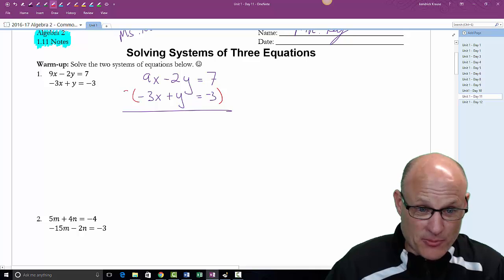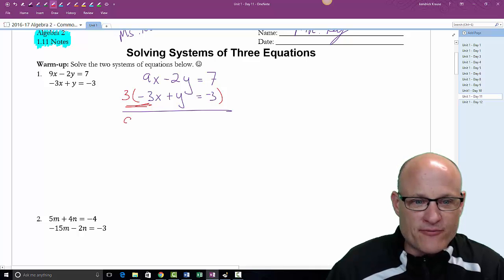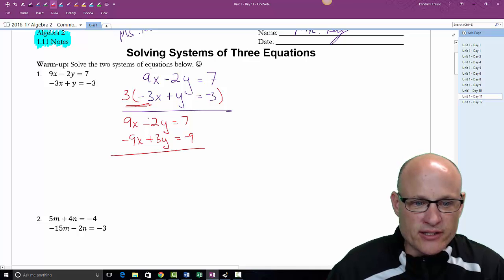In this case, if I multiply this equation by 3, right here I end up with negative 9, and that's kind of what I want. So we're going to recopy the first equation, 9x minus 2y equals 7, and then negative 9x plus 3y equals negative 9. Ka-ching. These cancel.